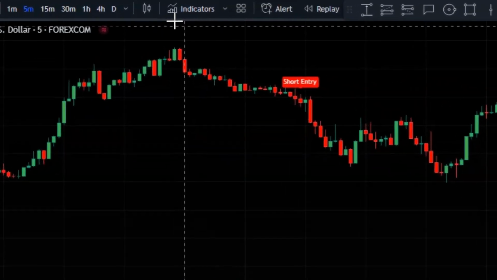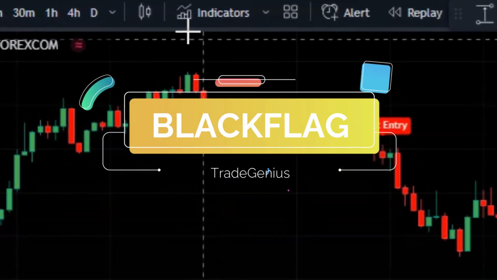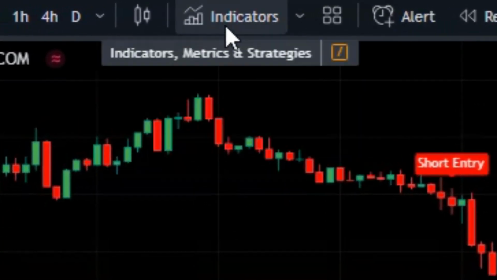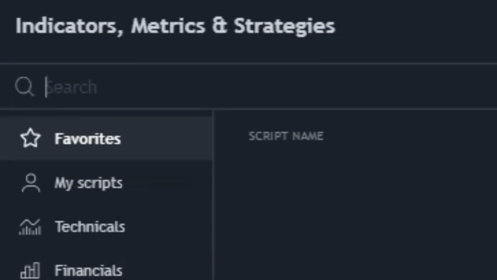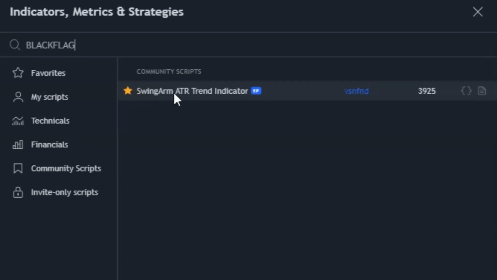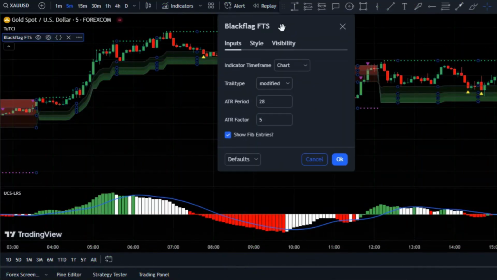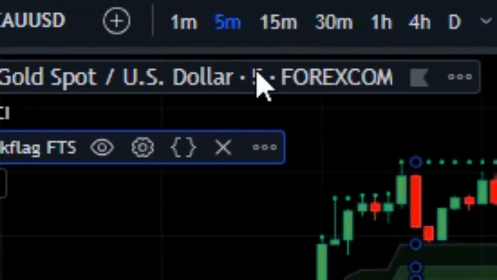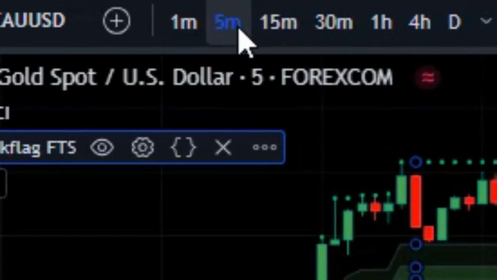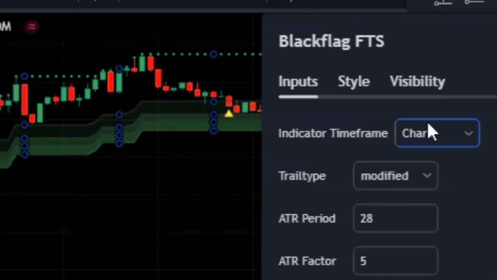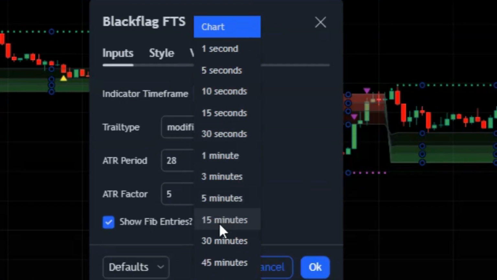Now, to complete the strategy, we'll need to add the black flag indicator to the chart. Then in the indicator settings from the inputs tab, set the indicator's time frame one level higher than the chart time frame. So in this case, we'll choose the 15-minute time frame.